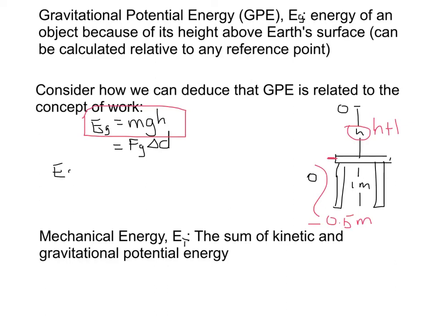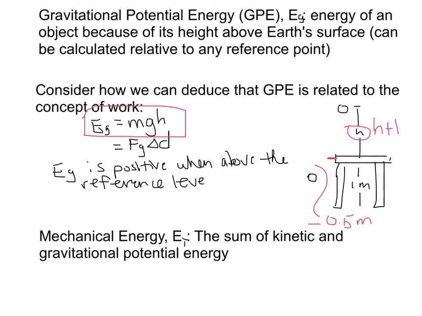So E sub G is positive when above the reference level, and negative when below the reference level.